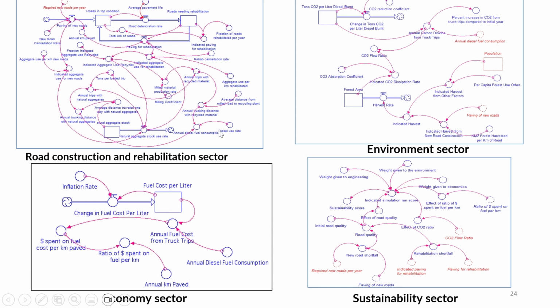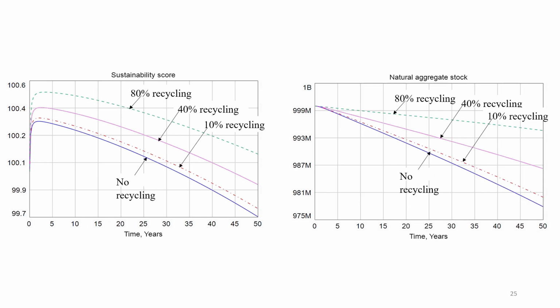If you look carefully, you will see here that I have something called fraction indicated aggregate use recycled, right? So I can actually play with this recycling ratio and see what is the impact on the sustainability of the system. And what are the results? So here are a couple of results.